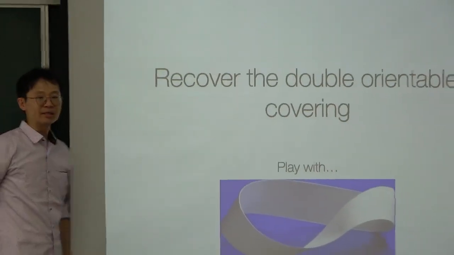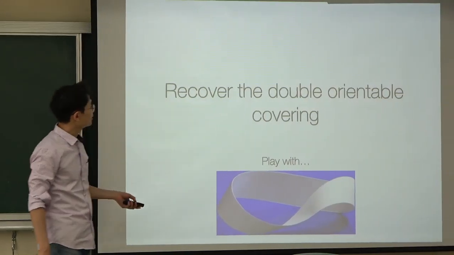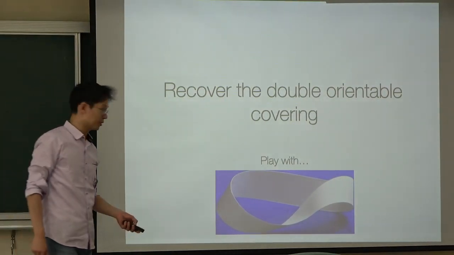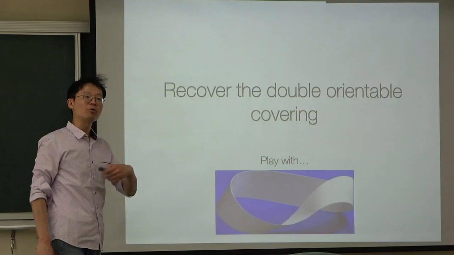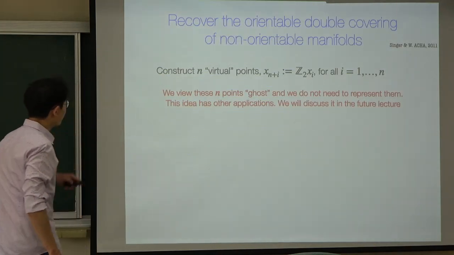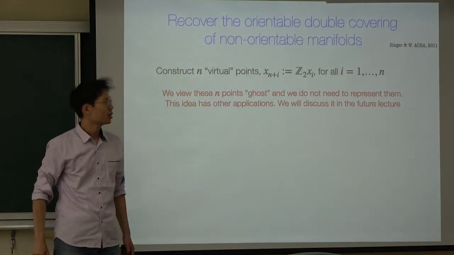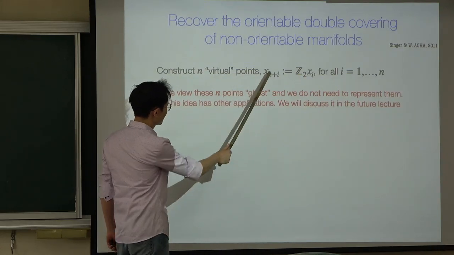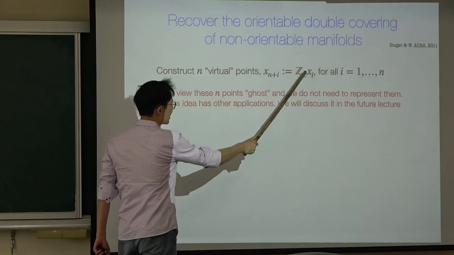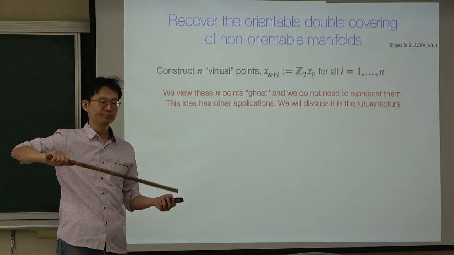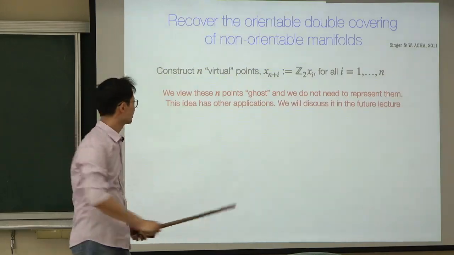Okay, so that is also the theorem that you learn from differential geometry, that for any non-orientable manifold, you can find a double orientable cover of it. And this is the example for the Mobius band. And how to do so? The technical idea is to construct n virtual points called Z2xi, which is the flip, or some other ghost point associated with it that reflects the double cover.